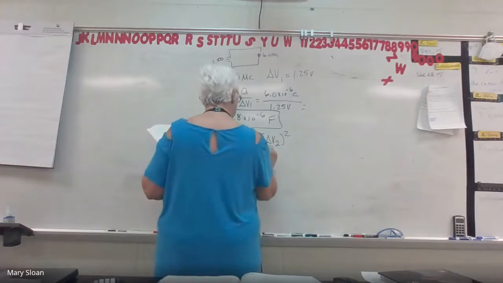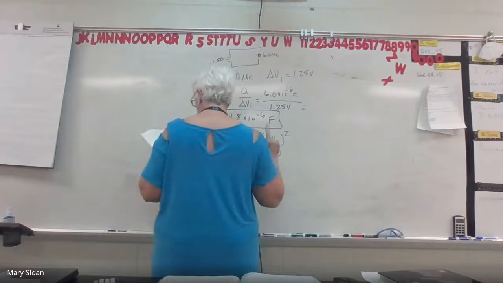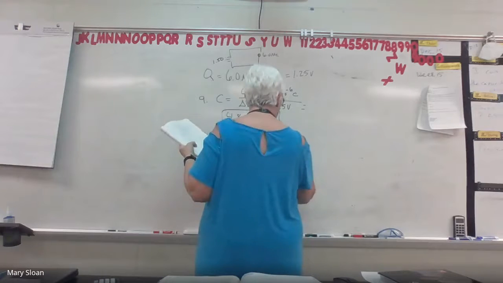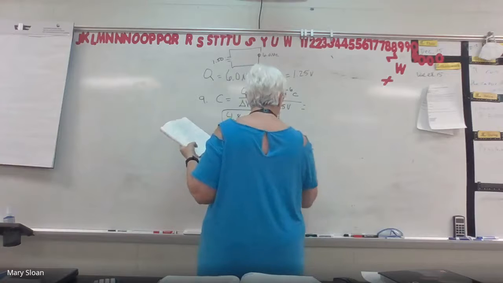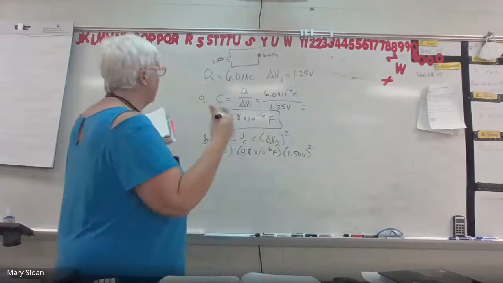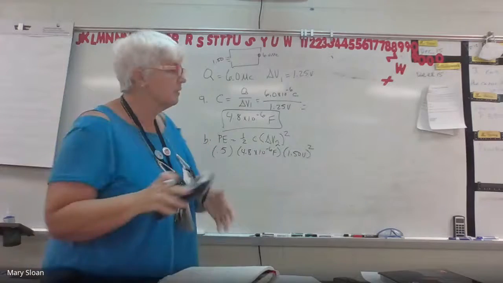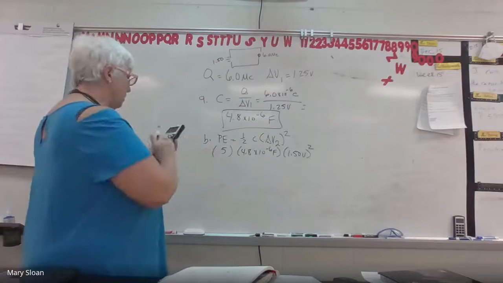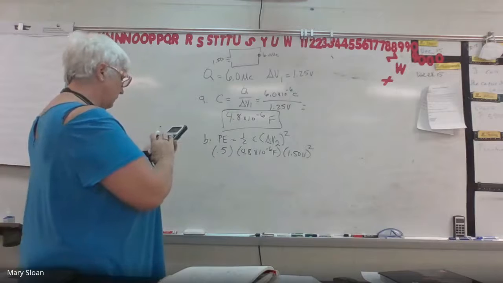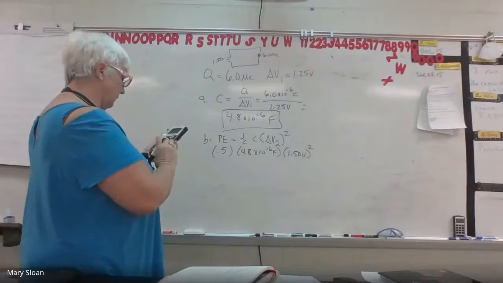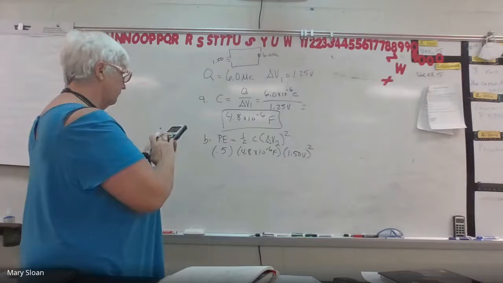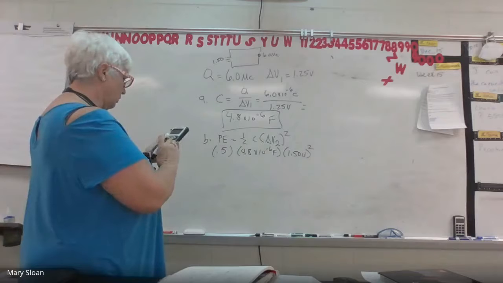4.8 times 10 to the negative 6 Farads. And then I'm going to take my 1.50 volts squared. So I'm basically doing the same thing as I did on the first problem, just with different numbers this time. So I'm going to do 0.5 times 4.8 times 10 caret negative 6, times 1.50, close, and square that.